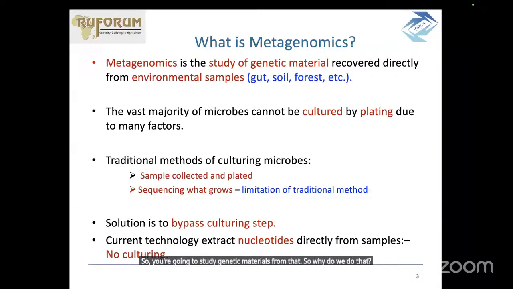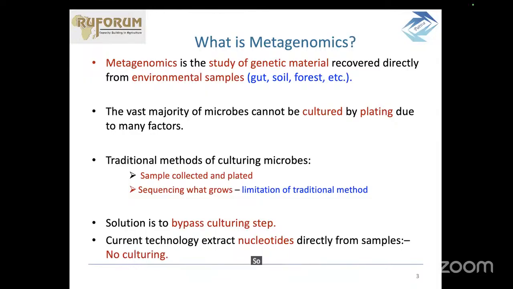In metagenomics, you're studying microorganisms, by the way. Here's the problem. The vast majority of microbes cannot be cultured. What do I mean by cultured? So culturing, you get your sample, you put them on a plate, you grow them, and then after that you sequence. But the majority of microbes cannot be cultured by plating because of very many factors.